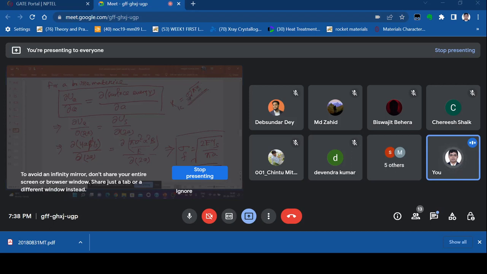If the critical length is large, then the stress will be small. So it depends on how much stress you are applying. If there is a small crack, then you have to apply a higher stress.